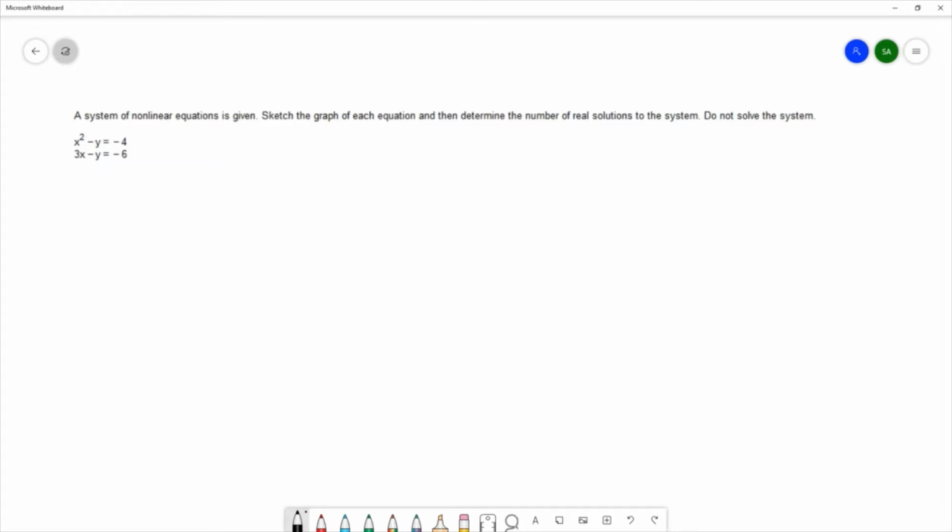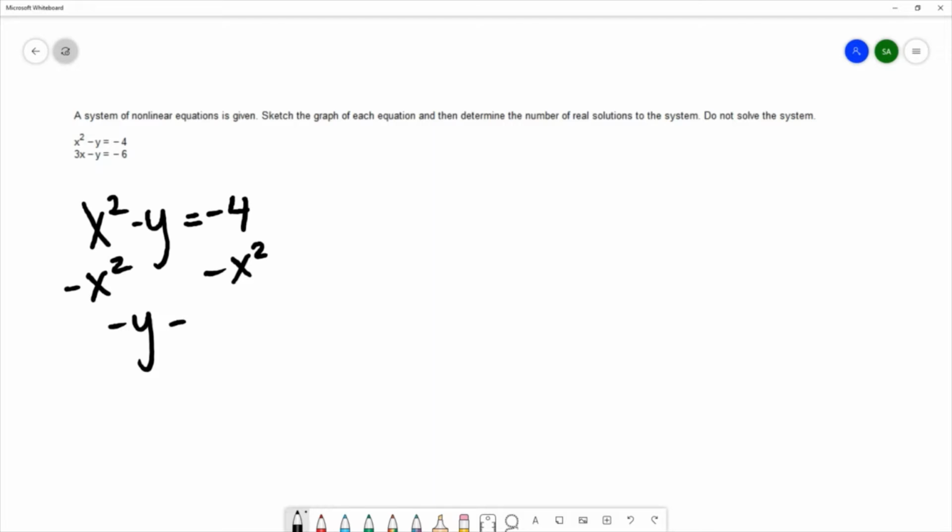I'm going to start with that first equation, x squared minus y equals -4. And I'm going to rewrite this as y equals, so it's easier for me to graph. I'll subtract x squared. That gives me negative y equals -x squared minus 4.